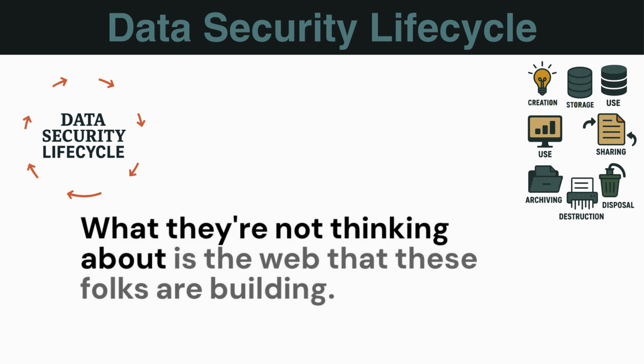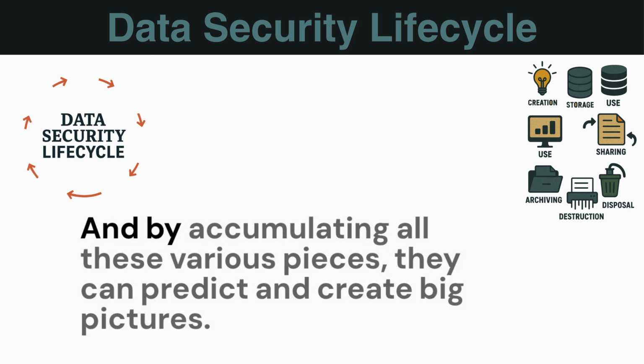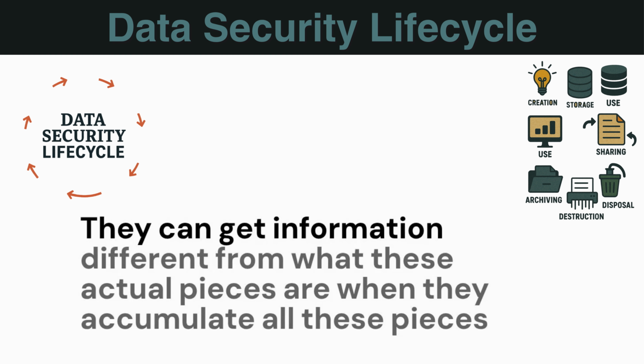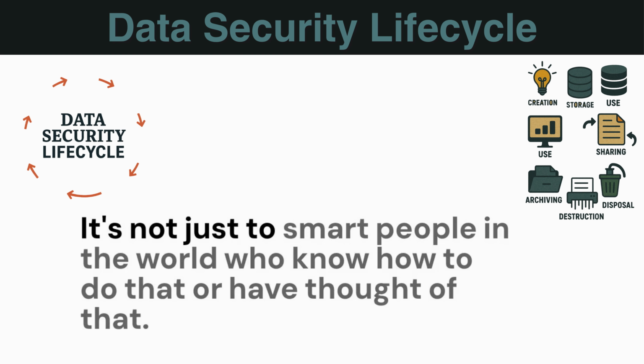What they're not thinking about is the web that these folks are building. By accumulating all these various pieces, they can predict and create big pictures. They can get information different from what these actual pieces are when they put them together. And that is very common. It's not just 2 smart people in the world who know how to do that or have thought of that.